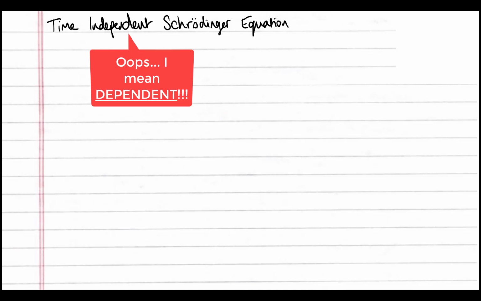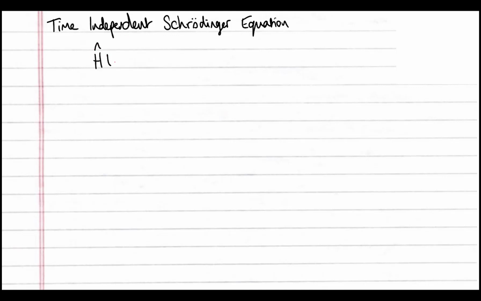This is given as postulate 5. We use this capital psi in here, which is a function of position and time. There is our time. This should say time-dependent Schrodinger equation.